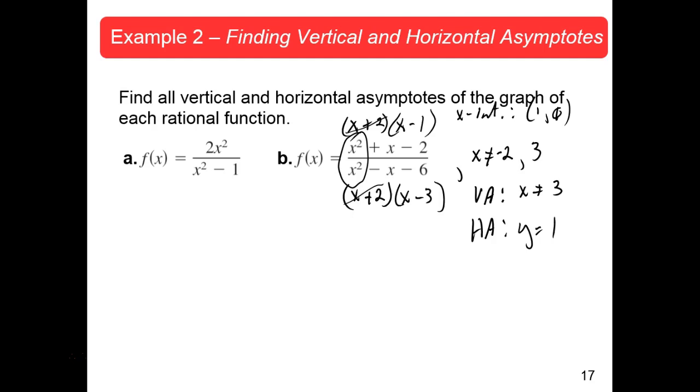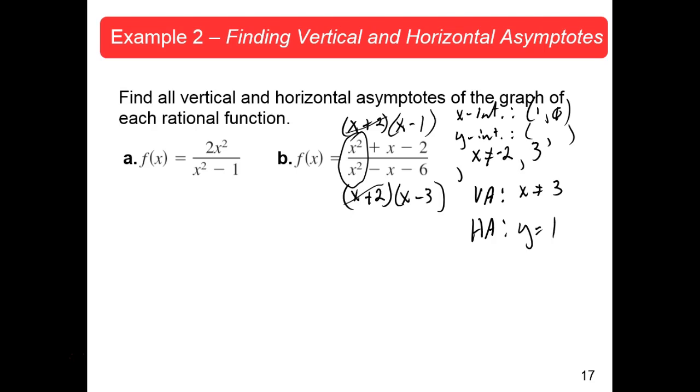There's your x-intercept. How about the y-intercept? Can we determine that? What makes a y-intercept? Somebody's already done one today without meaning to. What makes a y-intercept? X equals 0.